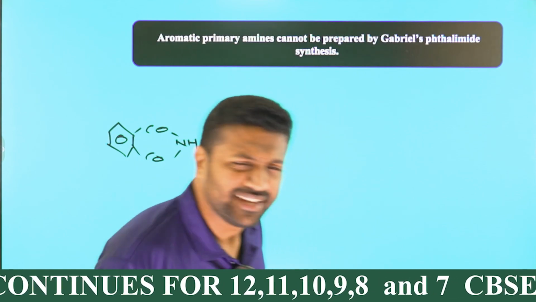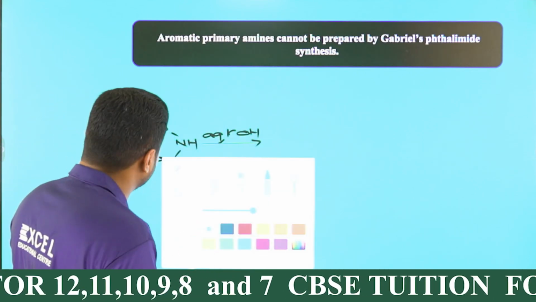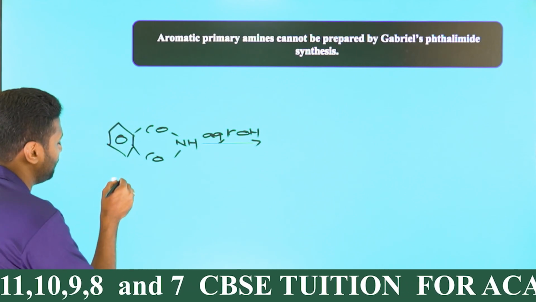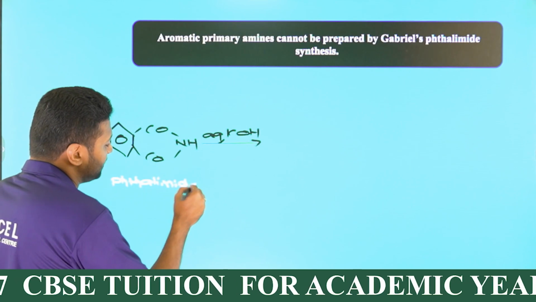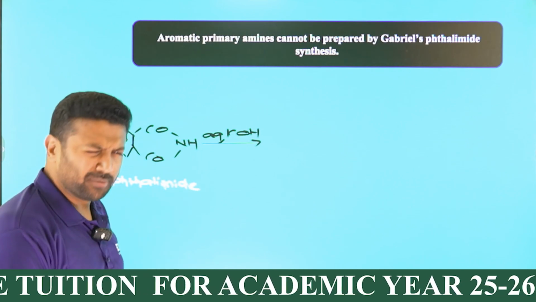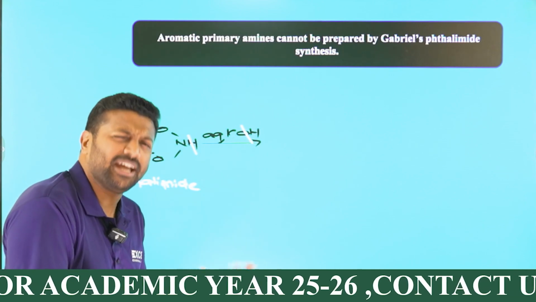Let's see what is meant by Gabriel phthalimide synthesis. During that synthesis, benzene ring with CO-CO-NH, called phthalimide, is initially passed over aqueous KOH. On passing aqueous KOH, this H and OH will be removed as water.